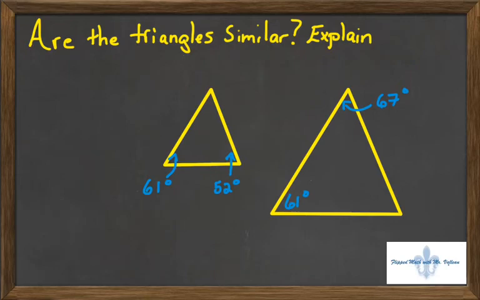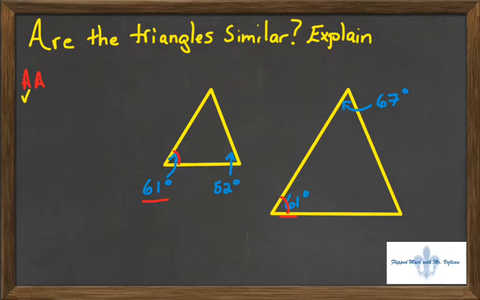Right off the bat, we can identify one: both of them have measures of 61 degrees. So we can say right now that these two angles are the same. Of our angle-angle similarities, we have one of them already done.